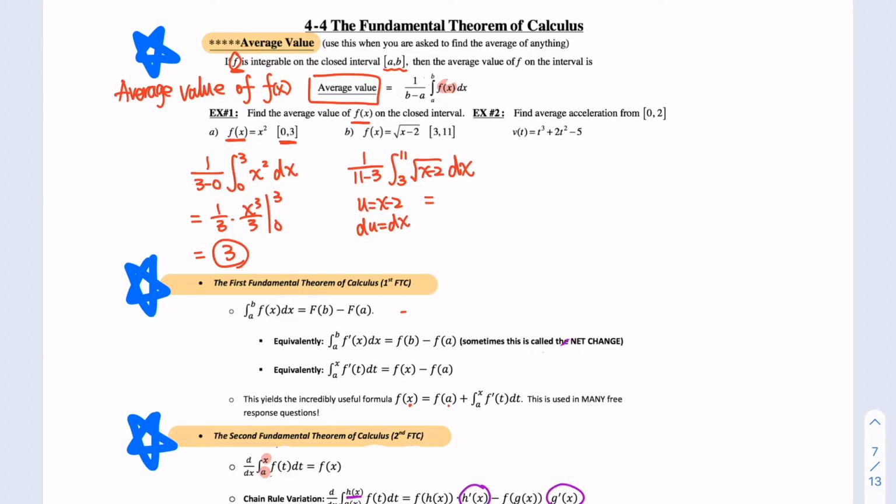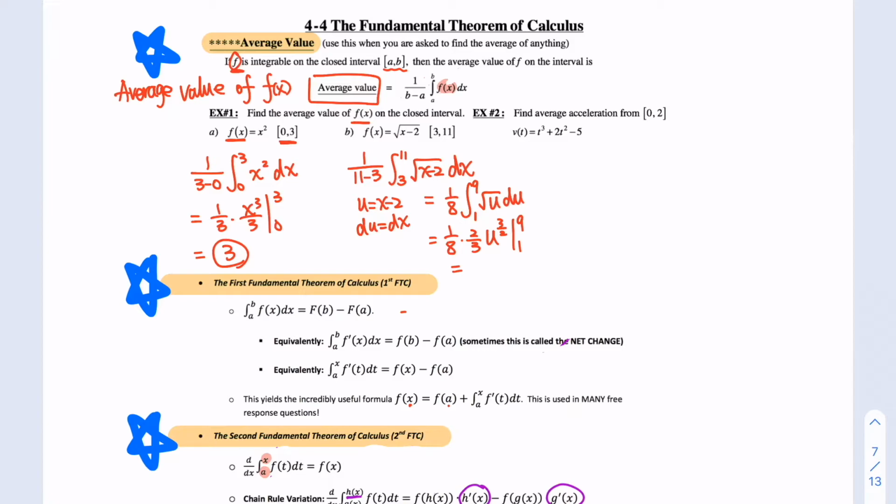This integration becomes 1 over 8 integration square root of u du, and the boundary when x equals 3 is 1, when x equals 11 is 9. Times u to the 1/2. So it's u to the 3 over 2, times 2 over 3, from 1 to 9. You can plug it in.